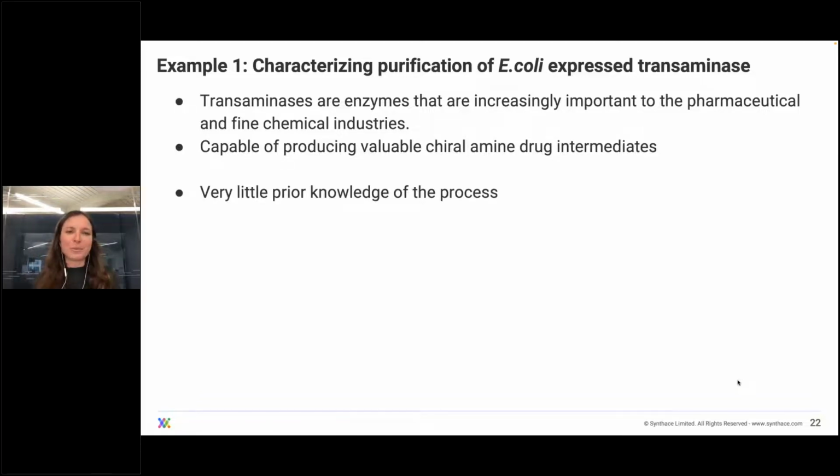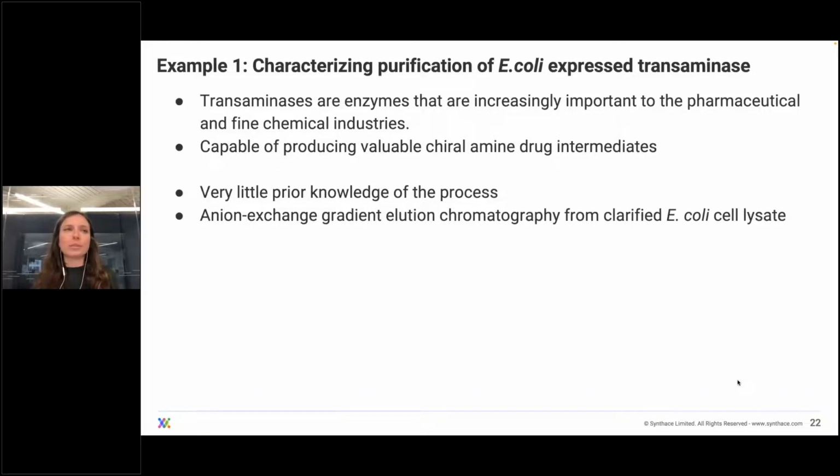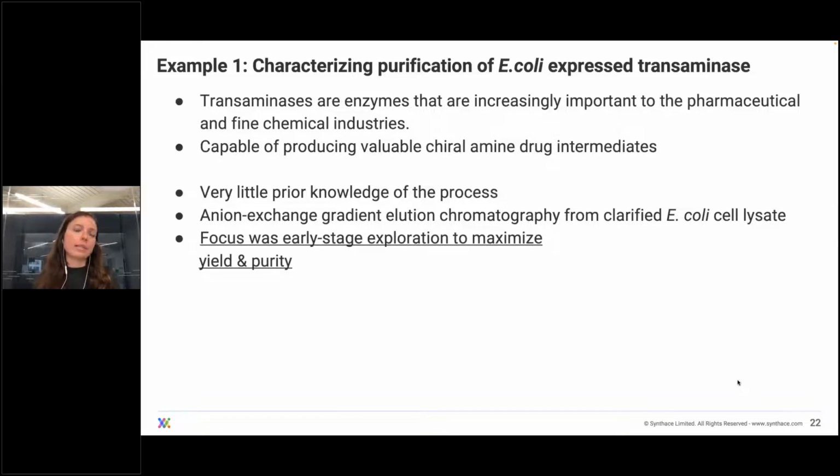But to us, they were pretty much unknown. We had very little prior knowledge of the purification process. All we knew is that we wanted to use anion exchange gradient elution chromatography from clarified E. coli cell lysate. So the focus was really early stage exploration with the aim to maximize yield and purity, as it always is, isn't it?